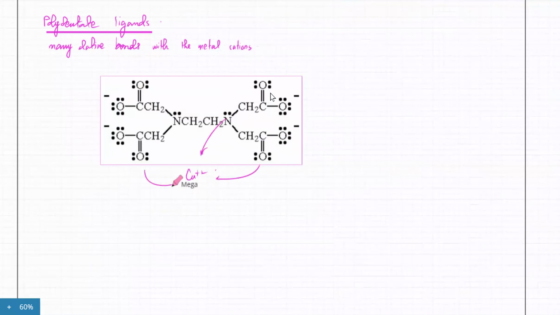This EDTA molecule would be like wrapping around the entire copper +2 and surrounding it from all sides. So that's the structure of EDTA, which has a charge of -2. Or simply you just call it EDTA.